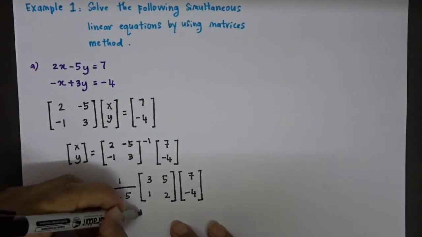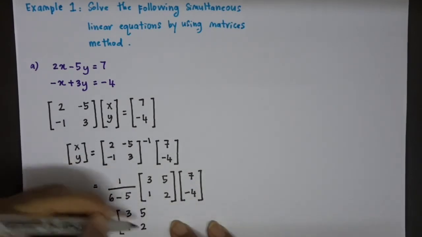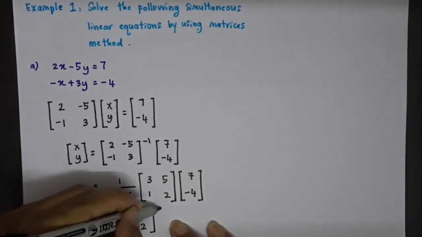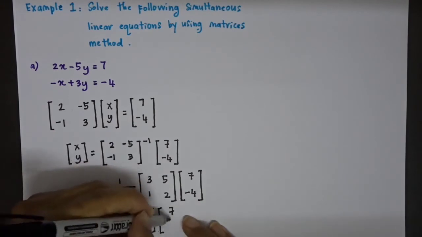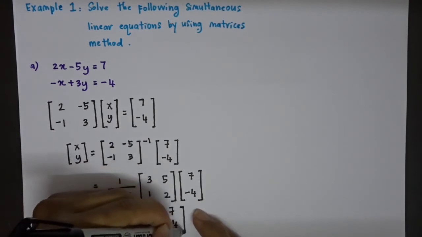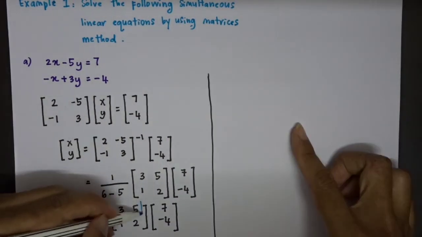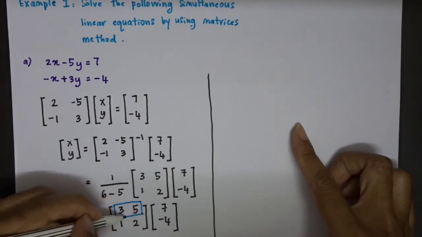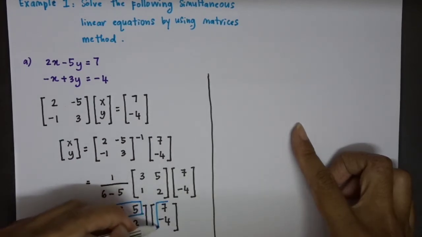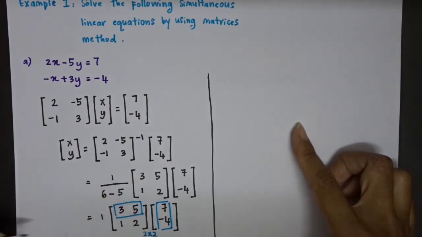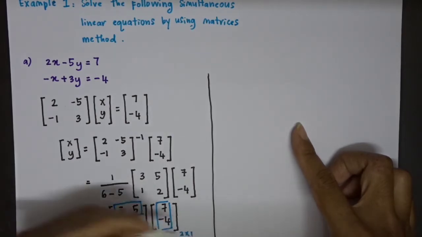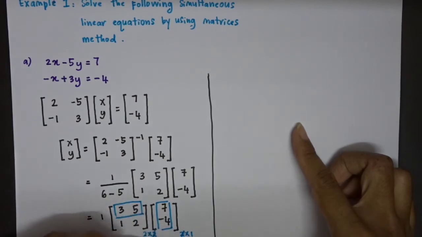Okay, 3, 5, 1, 2 multiplied by 7, negative 4. Row multiply column. So this is a 2 by 2 matrix and this is a 2 by 1 matrix. So your answer should be 2 rows and 1 column.